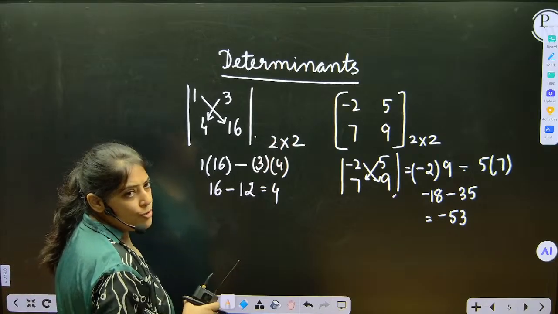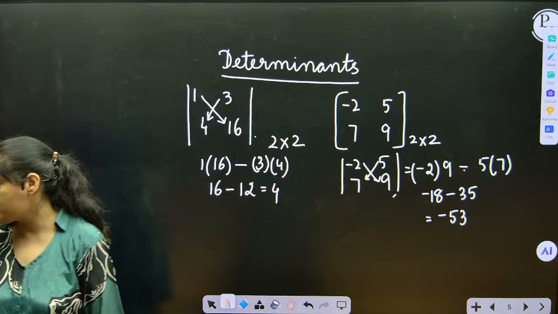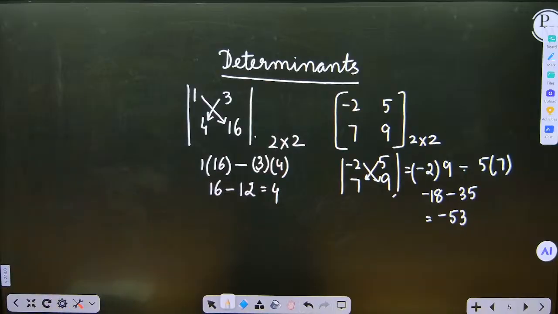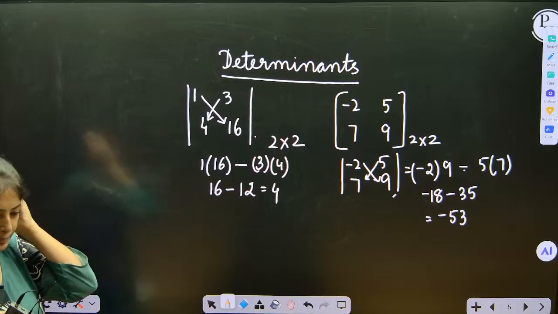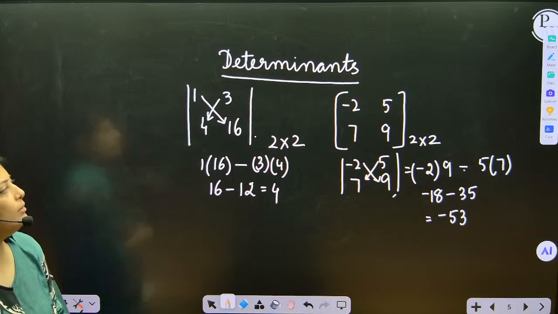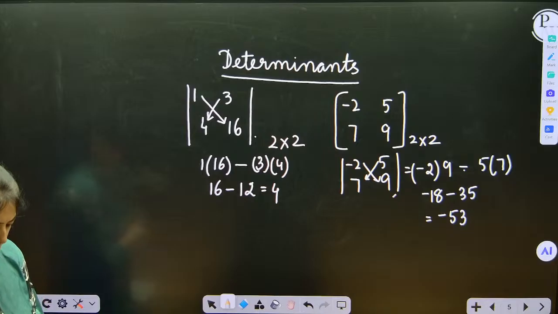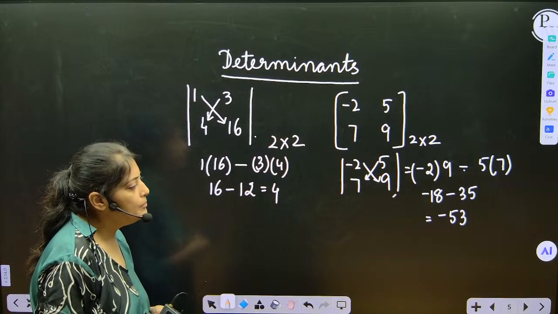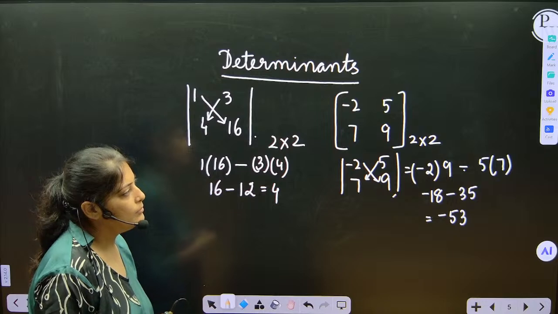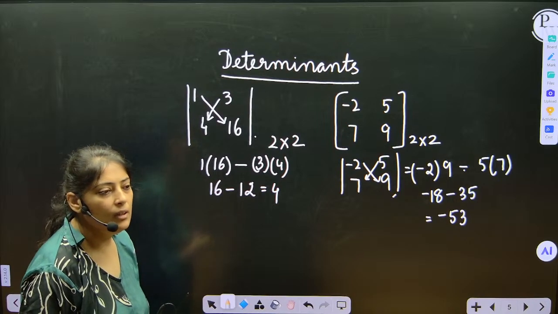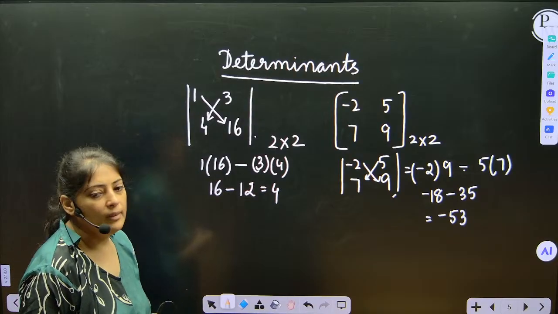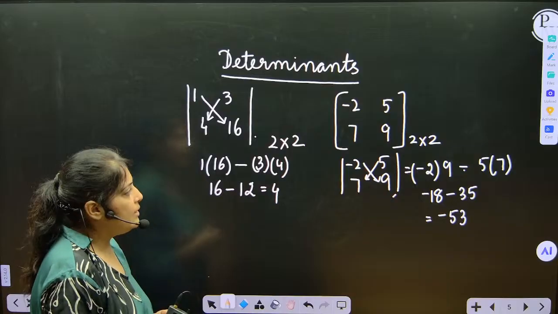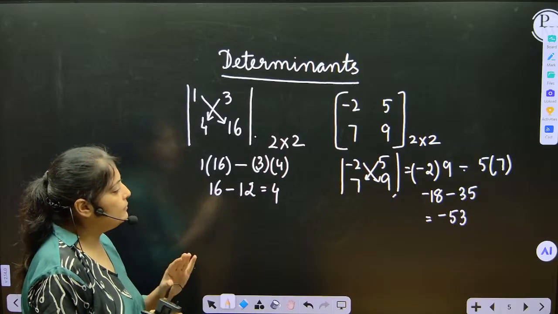Now this is a 2 cross 2; we'll do the 3 cross 3 also. Note it down quickly first.